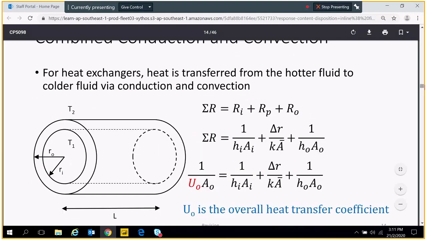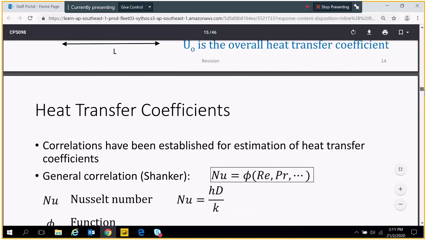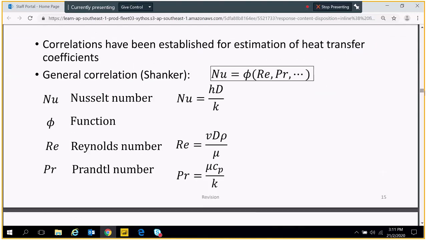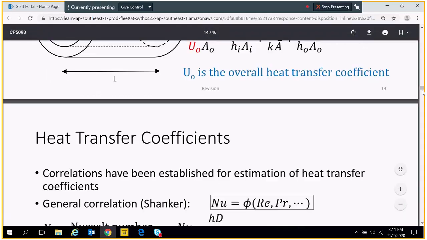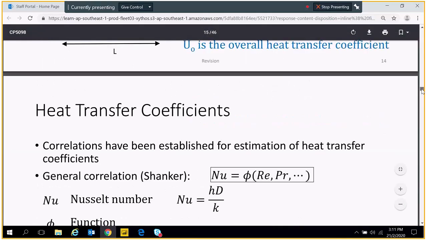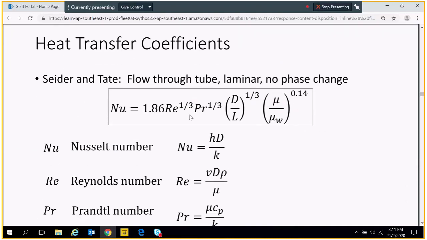This one you must memorize. This is not a correlation, this is an equation for heat transfer. The definitions of Nusselt number, Reynolds number, Prandtl number, all this you must memorize. This one, no need to memorize. This is a correlation.